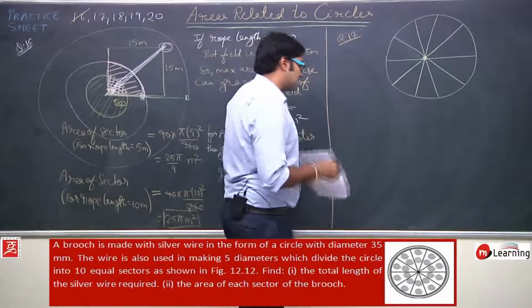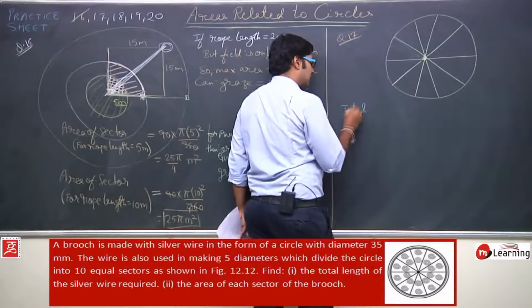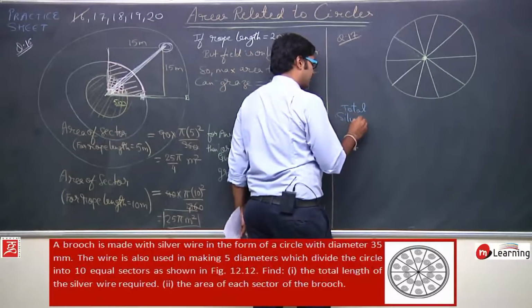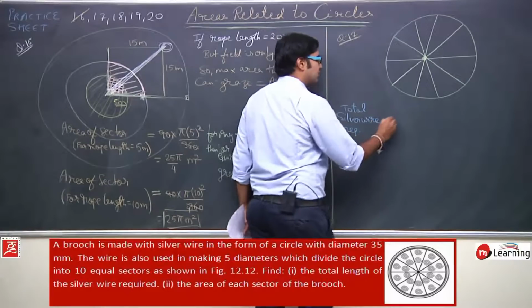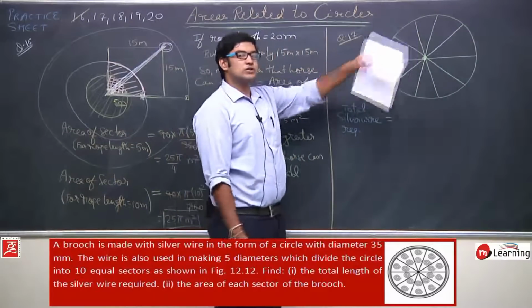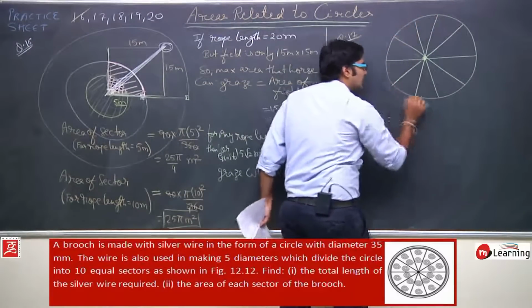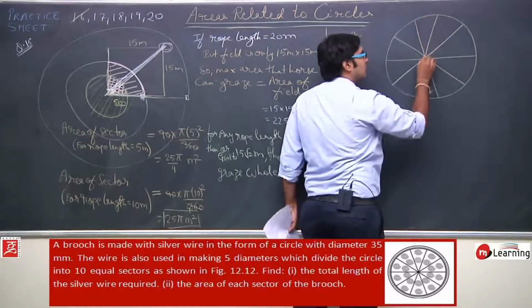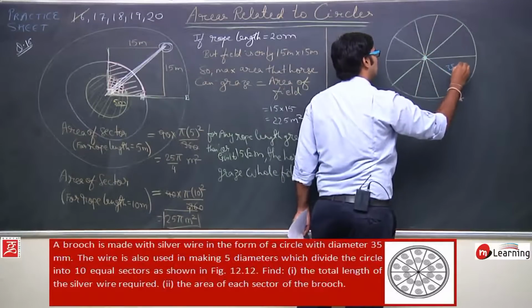Now understand the concept. I am writing that total silver wire required is equal to, now for that we should see where I have used silver wire. The first thing I have used silver wire for is to make the boundary of this brooch. Now the radius of this brooch will be 35 by 2 mm.